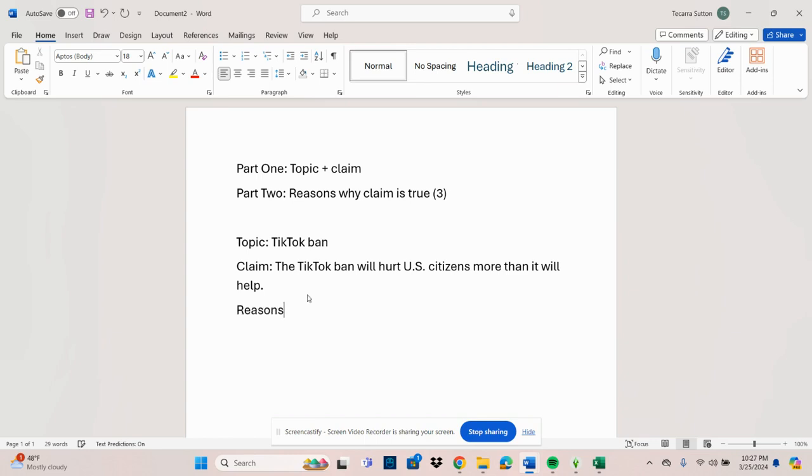So if I'm looking for reasons, I need to have one, two, three, right? So let's start with the first reason. I'm going to come up with the first reason why my claim is true. So if I say that my claim is that the TikTok ban will hurt US citizens more than it will help them, I need to have reasons why this TikTok ban is harmful, right?